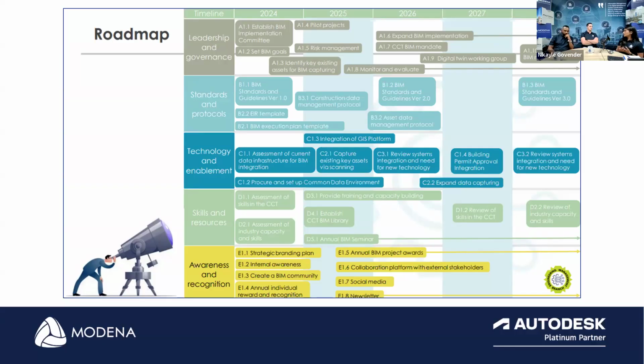But obviously before that's implemented, they did some research. If you look at the screen, we have a roadmap where they started to implement it in 2024, and they're looking at a rollout plan where by 2028, they would be mostly, if not completely, adapted within the BIM environment.